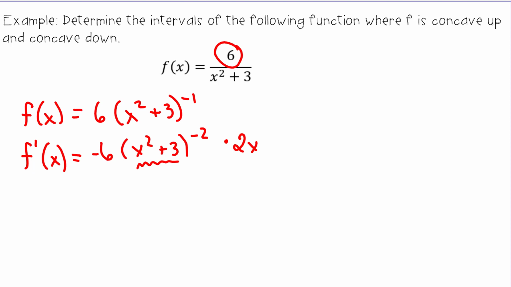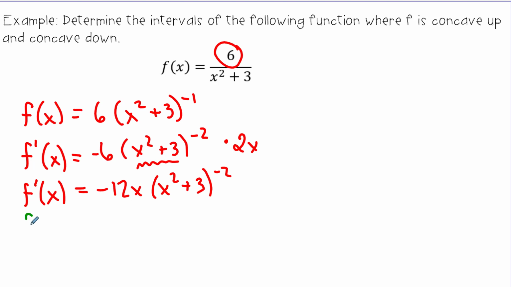So when I simplify this a little bit, f prime of x is equal to negative 12x times x squared plus 3 to the negative 2. And now that there's a function there, I'm going to go ahead and rewrite this back as a fraction. So I'm going to have f prime of x equals negative 12x over x squared plus 3 squared.